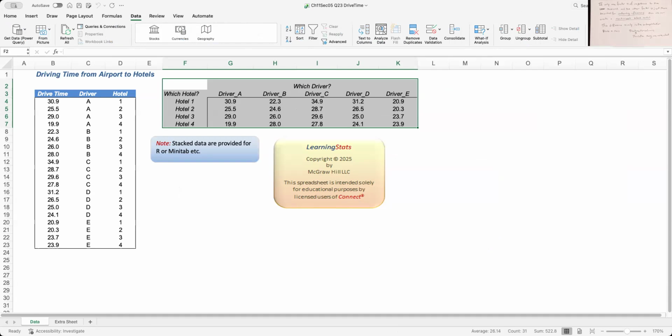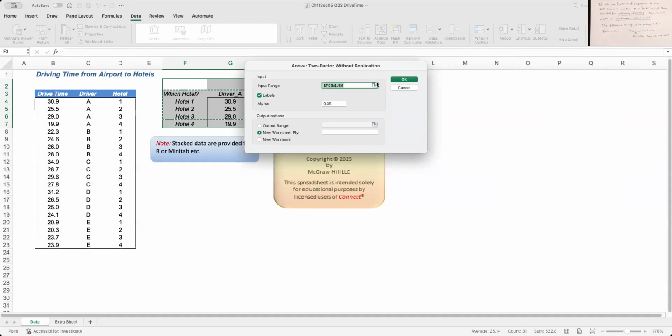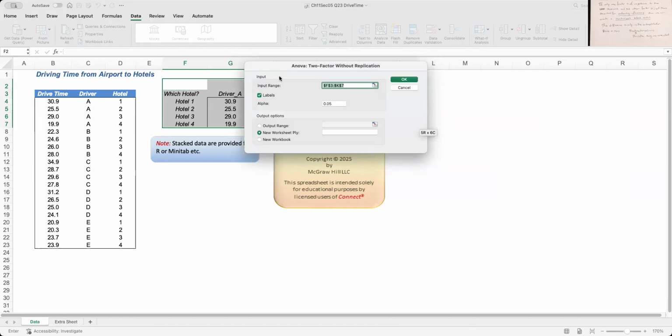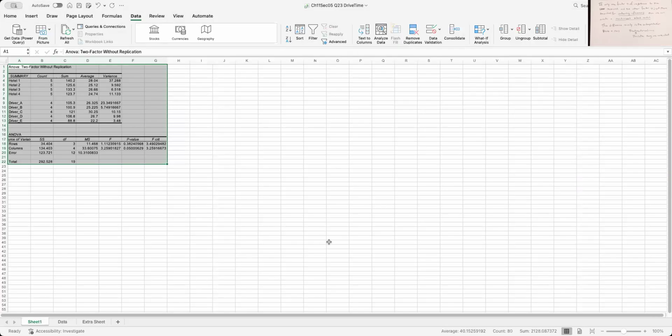What do I want it to do for me? But there are 3 of those. Without replication, 2-factor. All right, let's make sure we have the right stuff highlighted. Oh, I don't. I need to go out another row and down another column. Now I have the right stuff highlighted. I have the labels in there because it says driver A, B, C, D, E. Put it in a new spot. Here's my giant pile of information.